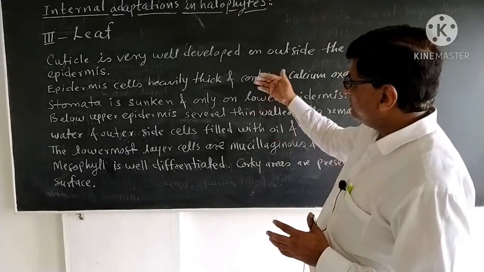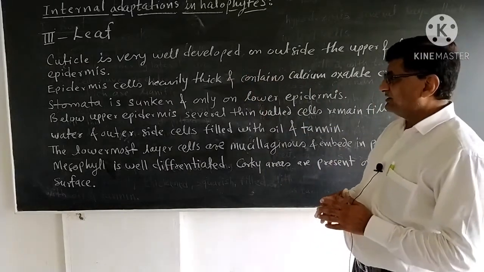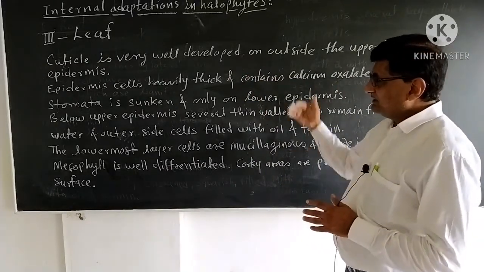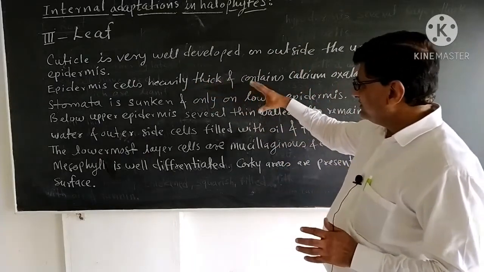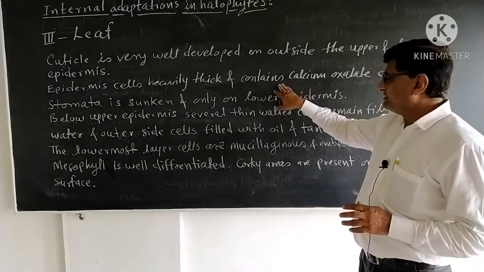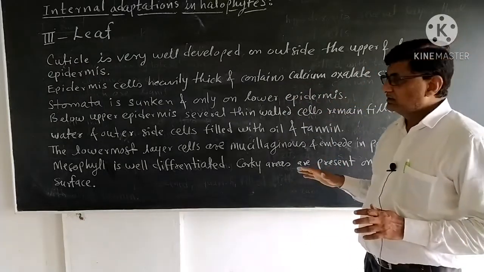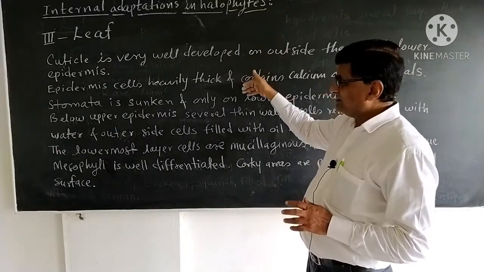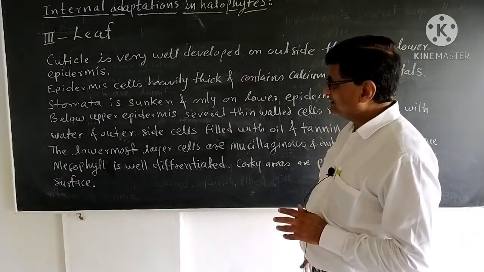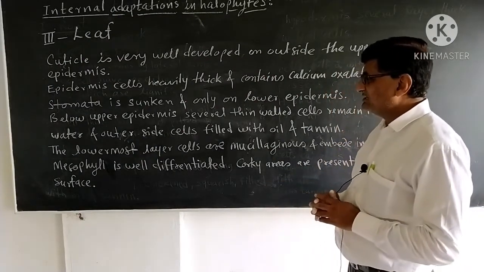The cuticle is very well developed on both. The epidermal cells are also heavily thick, and they may contain calcium oxalate crystals. This modification is for checking the rate of transpiration and for giving mechanical strength to the organ, especially the leaf.